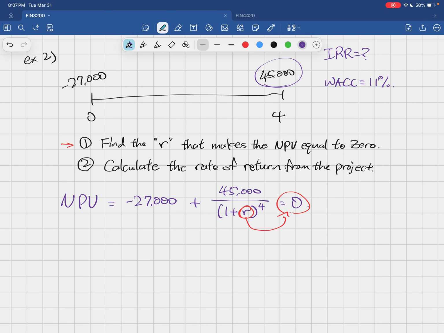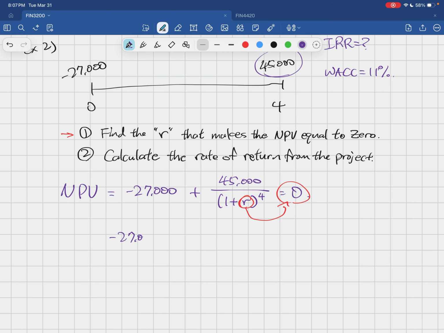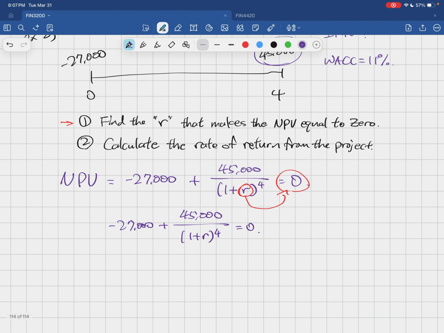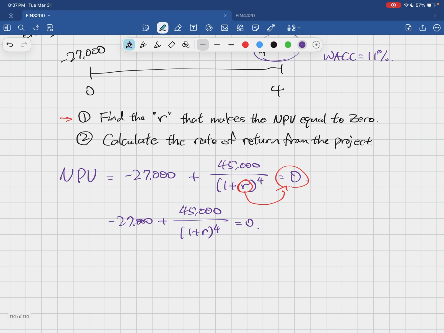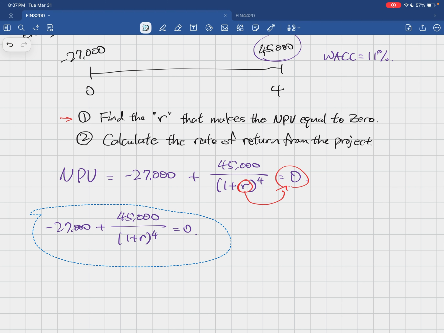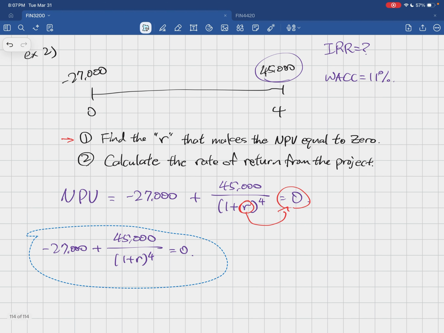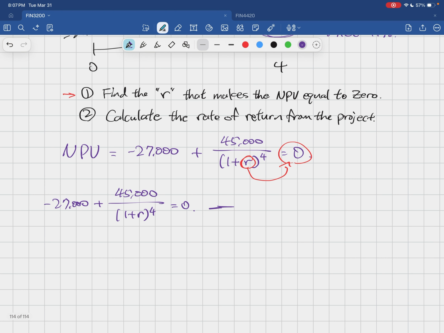So this: negative $27,000 plus 45,000 over 1 plus R to the 4th power is equal to 0. So we're going to move the 27,000 over to the other side. So this becomes 45,000 over 1 plus R to the 4th power equals 27,000.